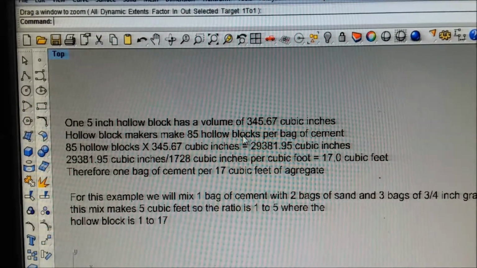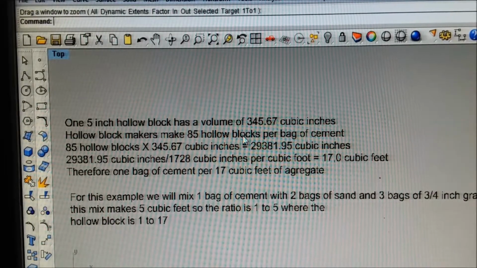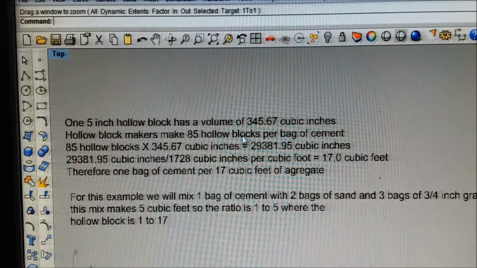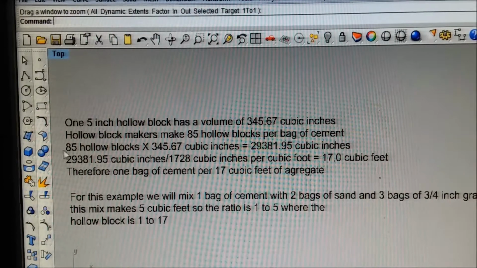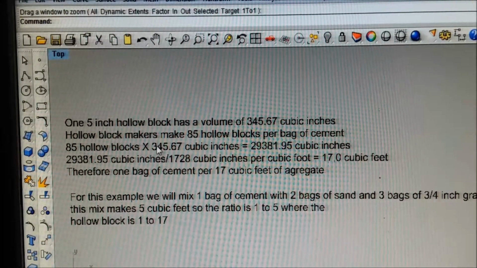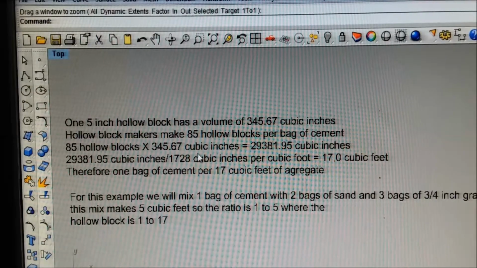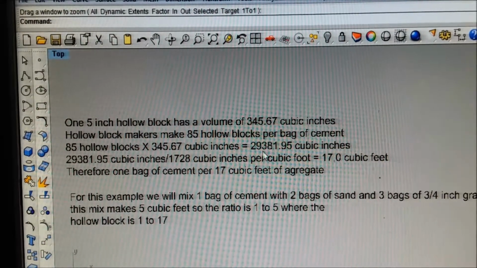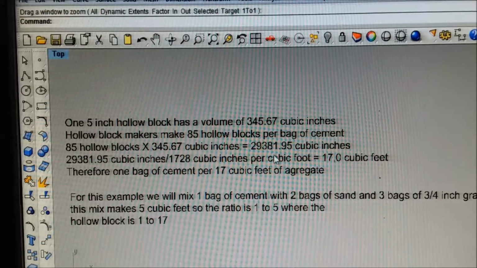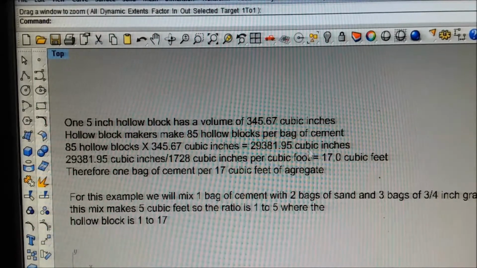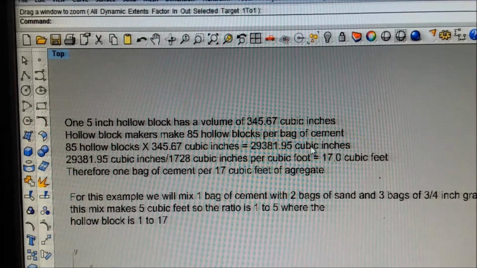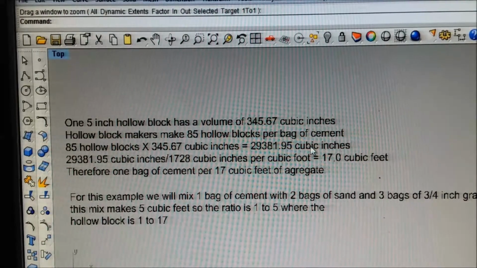And I have seen some of the better block makers making 82, but I don't know. Anyway, 85 hollow blocks times 345.67 cubic inches per block comes out to 29,381.95 cubic inches. That's all the block that's in that piece of wall, our sample wall.